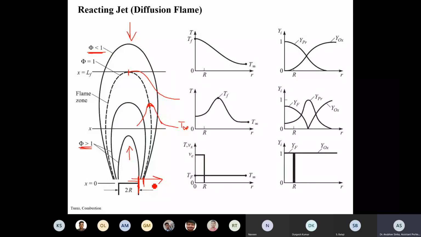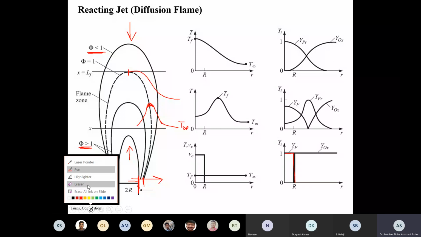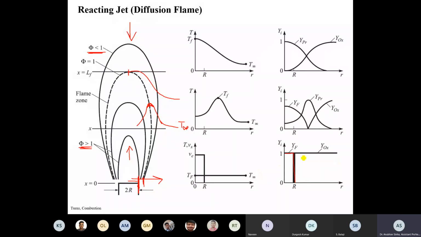Outside here, all oxidizer. So they should actually draw two plots. Up to radius r, we have fuel. After radius r, we have oxidizer. Outside it is all ambient air, so let us say it is all filled with oxidizer. You understand what I am doing here?